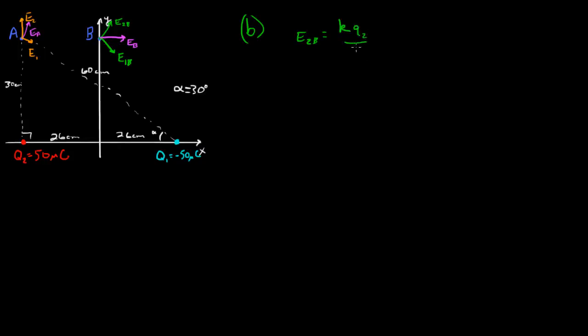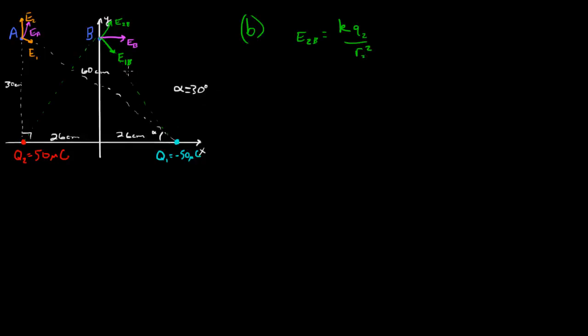This is now this distance. And in fact, R2 is the same as R1. You can see that Q2 is the same distance away from B as Q1 is away from B.